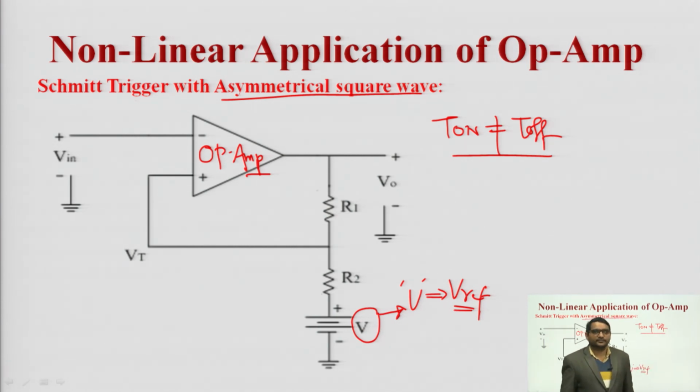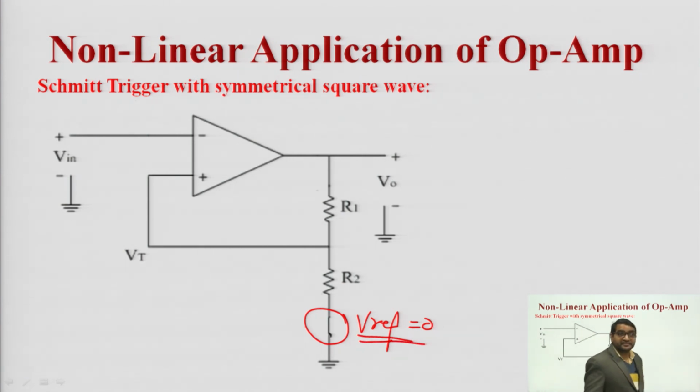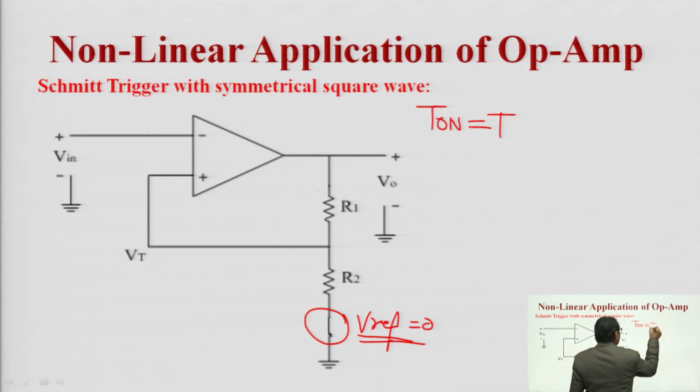If we put the V reference, or known voltage, as 0, like a zero cross detector, it can give a symmetrical square wave, and for a symmetrical square wave, T on is equal to T off.